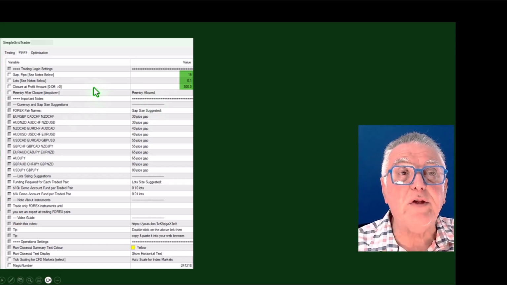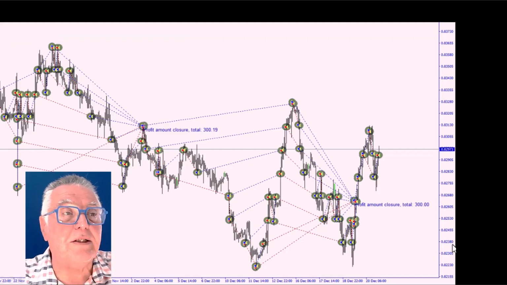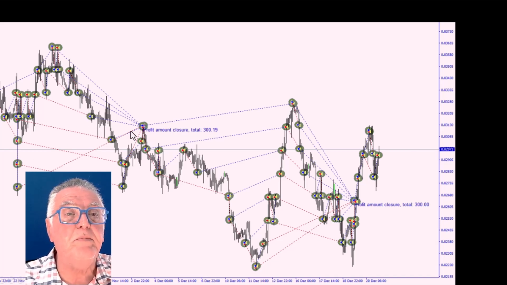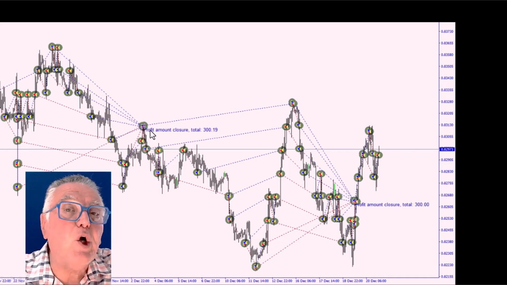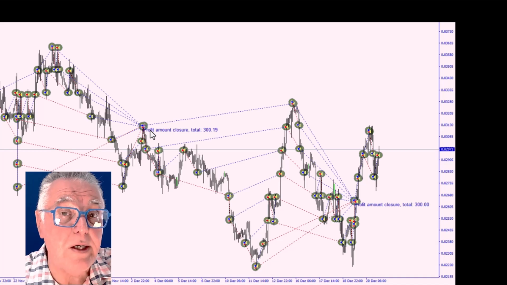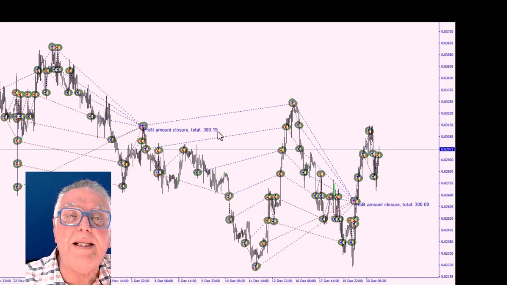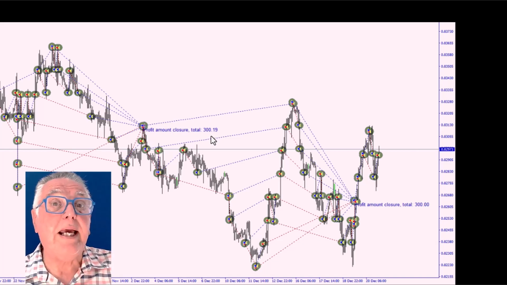So those are the changes to the EA. And here you can see it on a chart. And there's the trading happening. Trading is going on. Lots of open trades, lots of closed trades, boom, boom, boom. And then eventually it reaches a point where equity has gone up $300. Okay, and then it says, now I am closing everything. I'm banking my $300 and we're starting again.